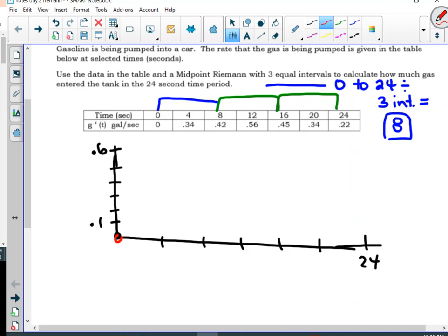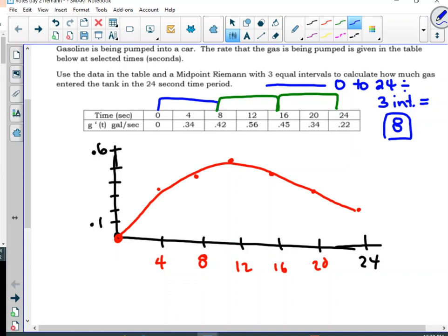So 0 is 0, and 4 is 0.3-ish. 8 is 0.4-ish, and 12 is 0.5-ish, and then 16 comes down again a little bit, and then 20 comes down again, and then 24 comes down. So we've got something that looks like that.